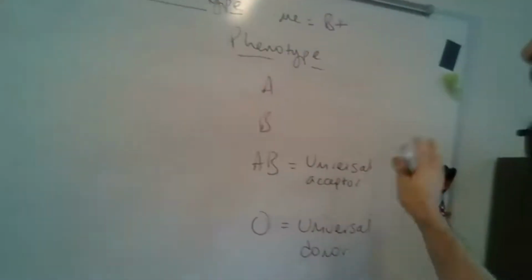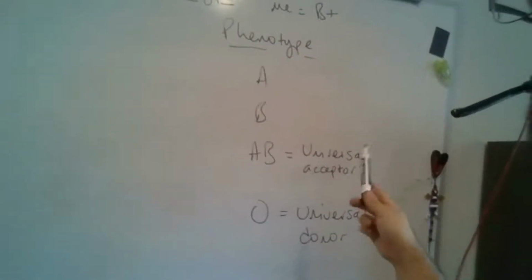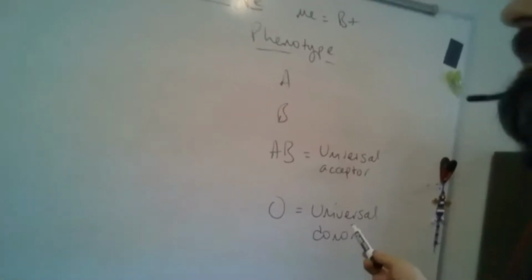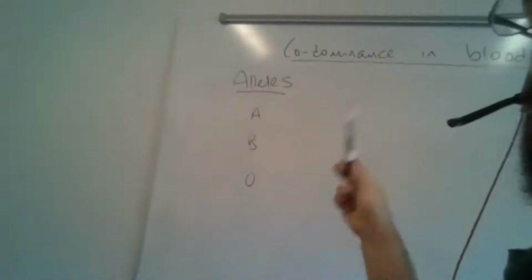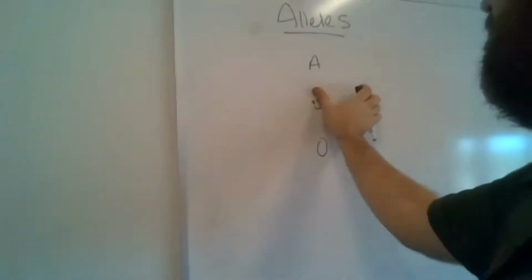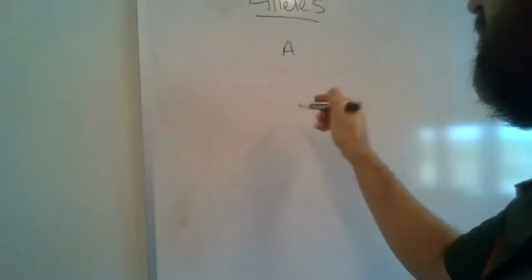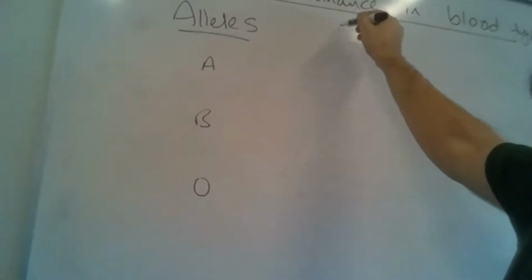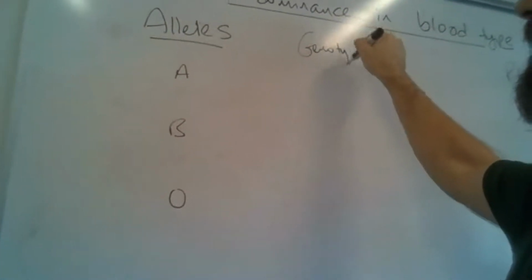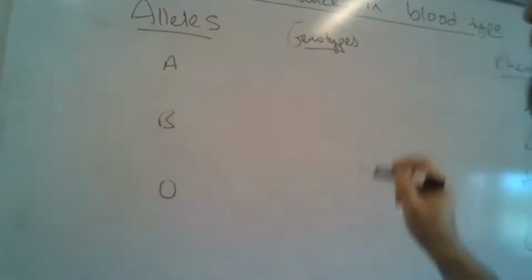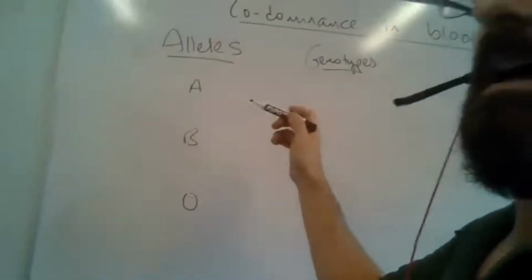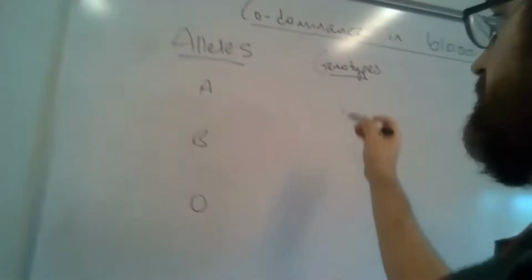Okay, so we've got 4 different blood types, ignoring rhesus factor: A, B, AB, and O. But we only have 3 different alleles. I'm actually going to spread these out a little bit. So the genotypes: A and B are both dominant alleles.